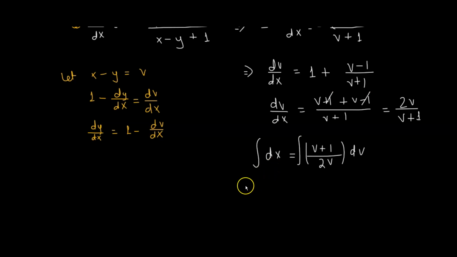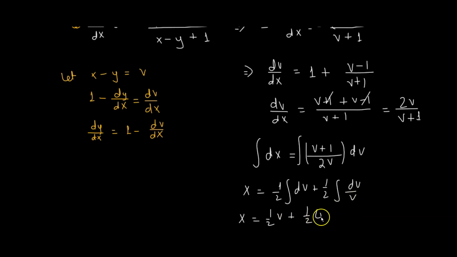So integration of dx will be simply x, equal to half the integration of dv plus half the integration of dv over v. Half the integration of dv will be v/2, and half the integration of dv over v is half natural log of v, plus the constant of integration c.